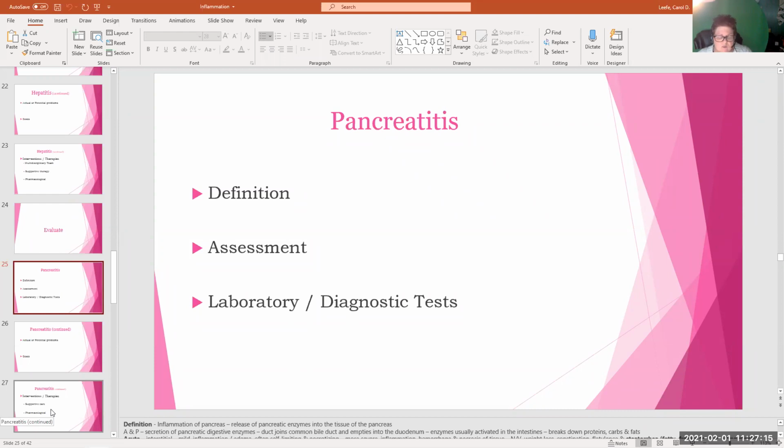Now, one of the things with pancreatitis, we also have to be mindful if they're going into alcohol withdrawal. They're going to need thiamine, they're going to need replacements, and we need to be mindful of seizure activity. They're going to get opioid analgesics, morphine or hydromorphone, Dilaudid for pain.